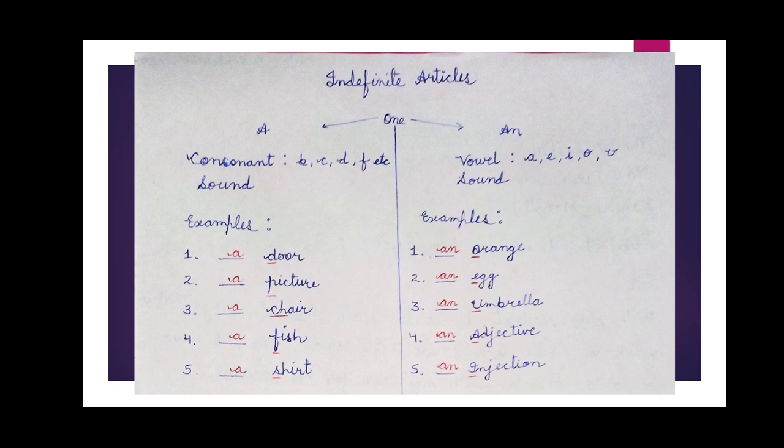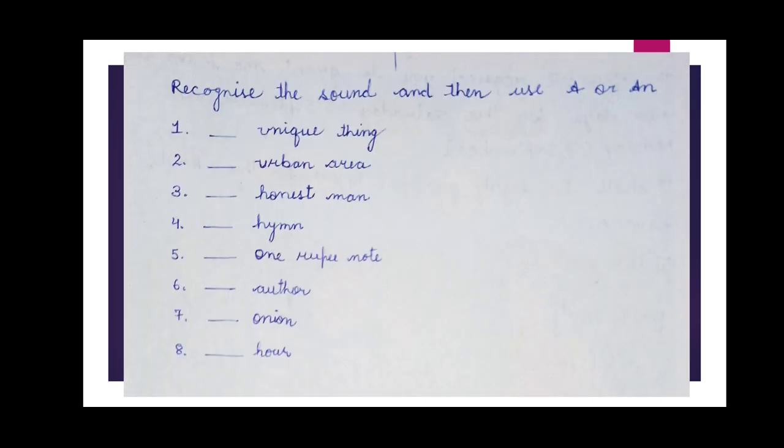After this, we will see some examples and we will think what would come here, a or an. So exactly you have to recognize the sound here, and whose sound, sound of consonant or vowel. So let's start. The first one is unique, y sound. So now you have to think what would come here.